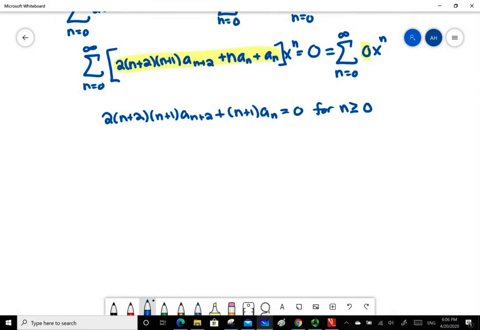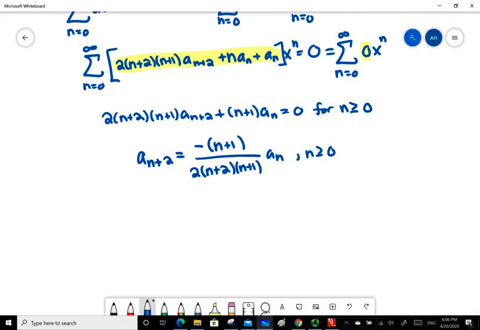We can solve this for a sub n plus 2 and say that a sub n plus 2 is negative n plus 1 over 2 times n plus 2 times n plus 1 a sub n when n is greater than or equal to 0, which simplifies to a sub n plus 2 is negative 1 over 2 times n plus 2 a sub n when n is greater than or equal to 0.